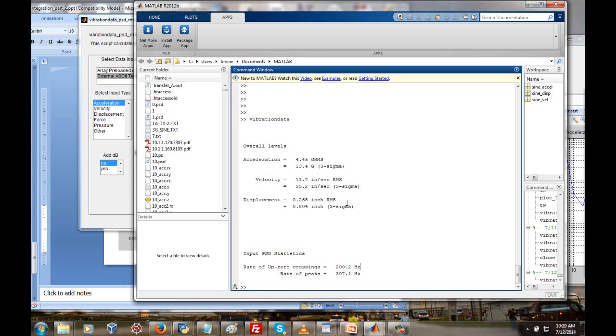So does our shaker table have enough stroke to handle that? We may be up against the very edge of our limitation. There is a technique in vibration testing called peak clipping to limit the peaks to a particular sigma level. I've never actually used that, but I'm aware that it's available.